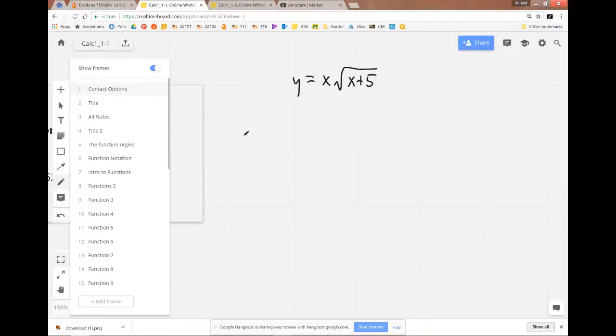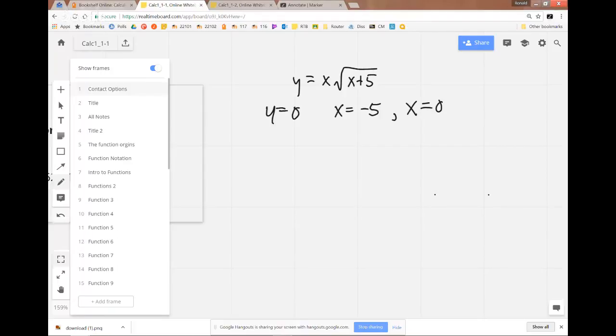So how do we check for intercepts? An intercept would happen when either x equals 0 or y equals 0. Let's start with y. When would y equal 0? I think you can see it would happen when either x is -5, because that would create a square root of 0 and 0 times whatever, and it would also happen when x equals 0.